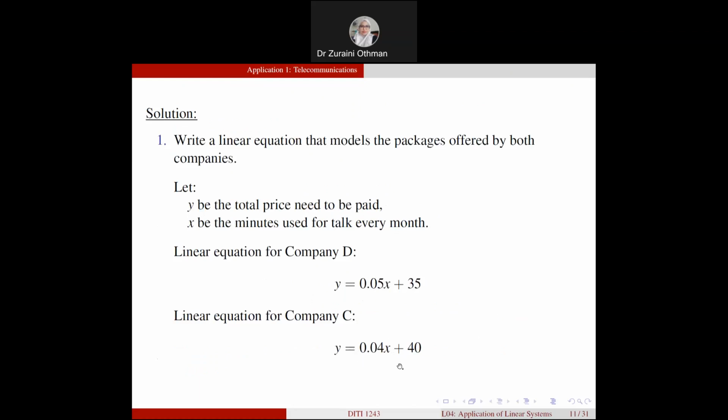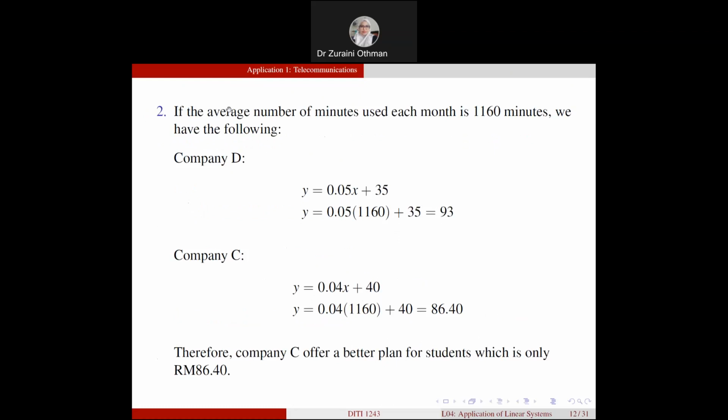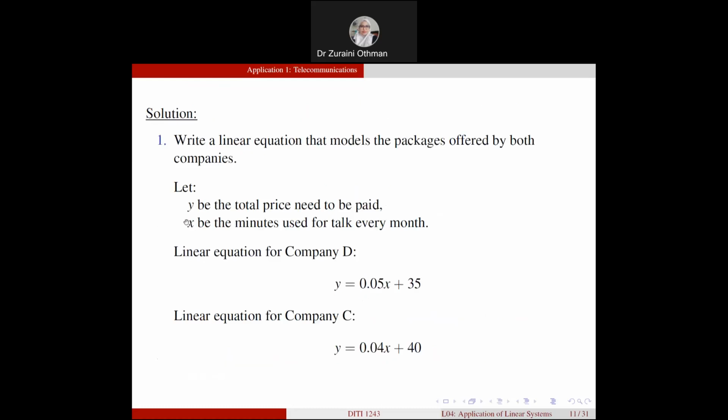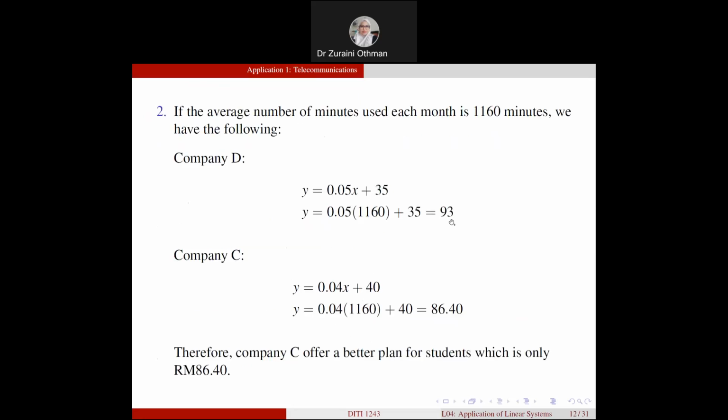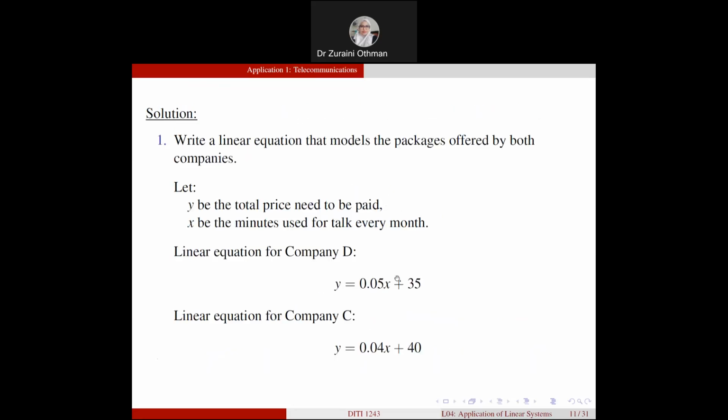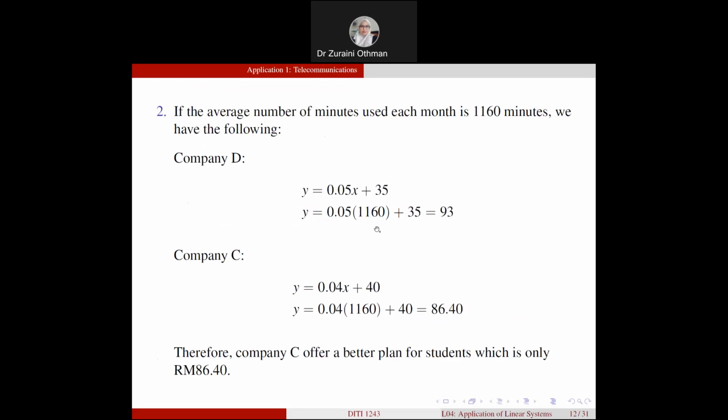Then jawab soalan yang kedua. Dia kata if the average number of minutes used ialah 1160 minit, we have to know the minute is the x variable just now. Then we replace the x value in these two equations. Okay, 1160 for company D. So, sebulan dia kena bayar RM93.